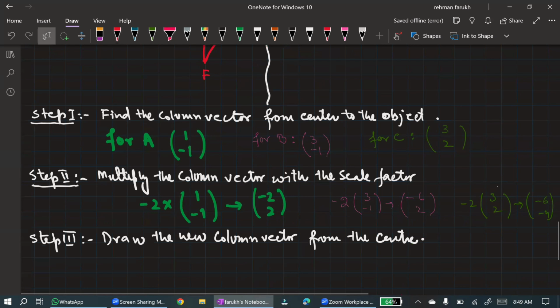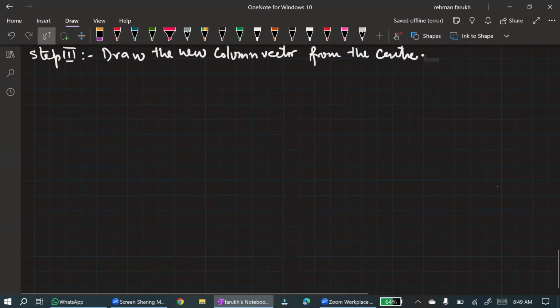In this way, we can draw the image on the graph paper.